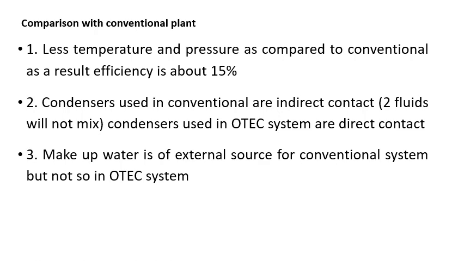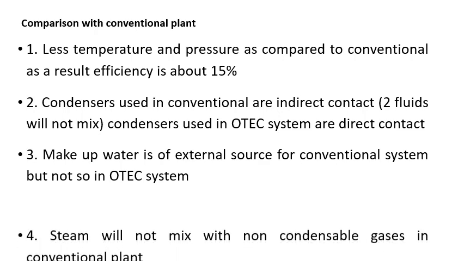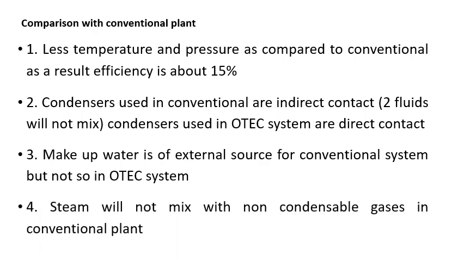One more point is that when I am mixing the two fluids together, the main parameter, the heat transfer coefficient, will be in a higher range. Therefore, it is always preferred to have the direct contact one. The fourth point is that steam will not mix with non-condensable gases in a conventional plant.